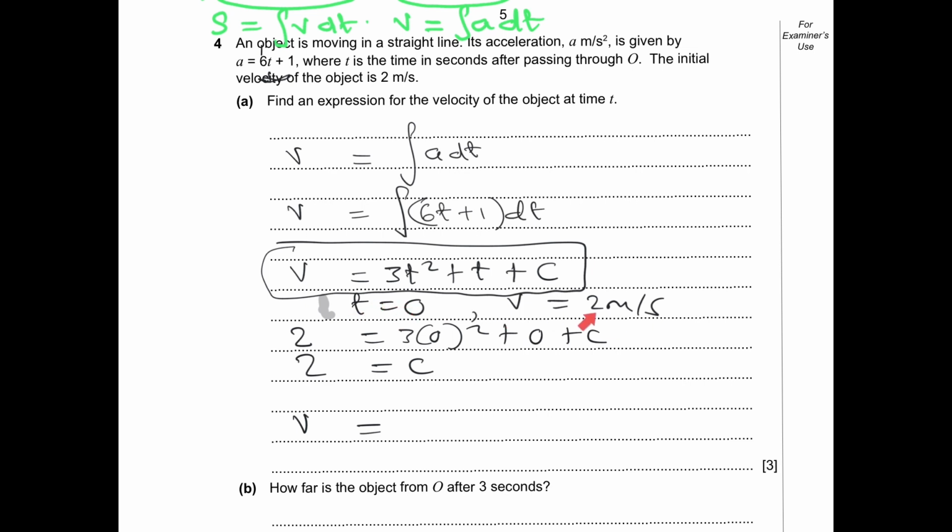You are not going to be given this information directly, but it is always going to be in the statement that they give you, like where they say the initial velocity. It means initially, time is equal to 0 at that moment, and they are telling us that the velocity at that moment was equal to 2. We substituted and we got our constant of integration. So our expression for velocity is 3t squared plus t plus 2.